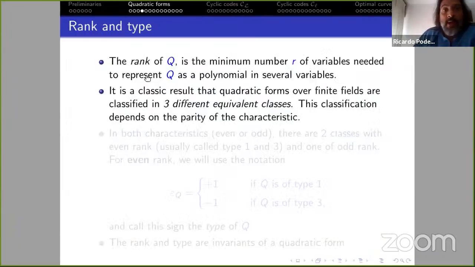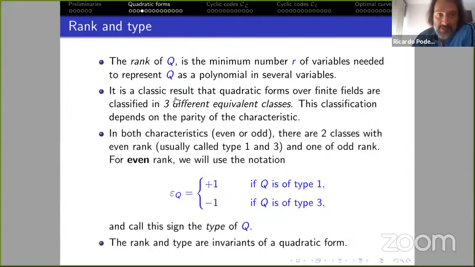Okay, we can associate the rank and type to every quadratic form. The rank is the minimum number of variables needed to represent Q as a polynomial. These quadratic forms are classified over finite fields. They come in 3 different equivalence classes, and the classification depends on the parity.